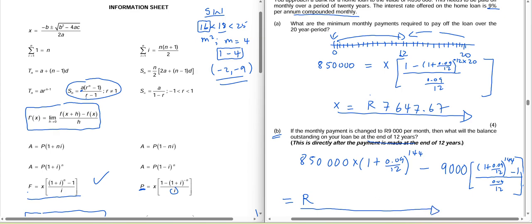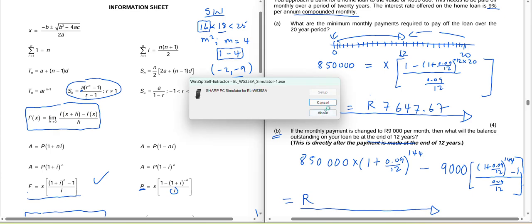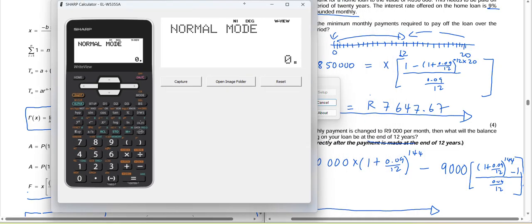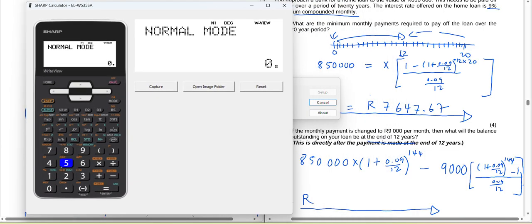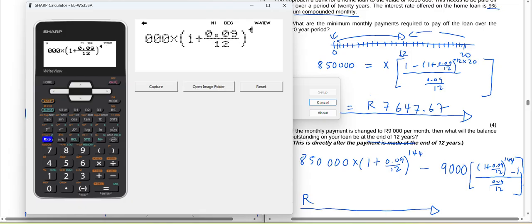So let's bring the calculator, and as we wrap up, it means that we have 850,000 times 1 plus 0.09 divided by 12, raised to the power of 144.